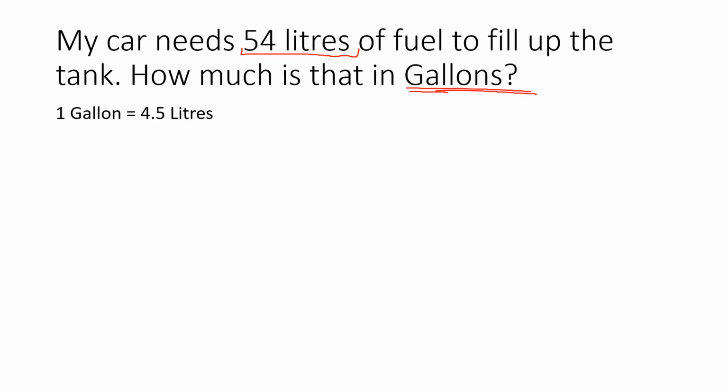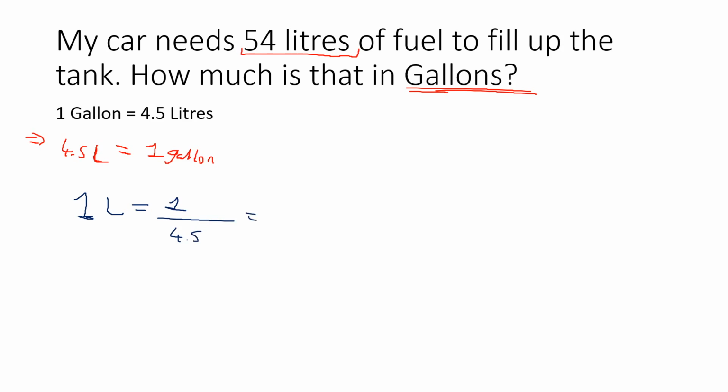All we need to do is that just means that 4.5 litres is equal to 1 gallon. Okay? And so therefore, we just need to work out what 1 litre is. So 1 litre, that's just going to equal 1 gallon divided by 4.5, okay?